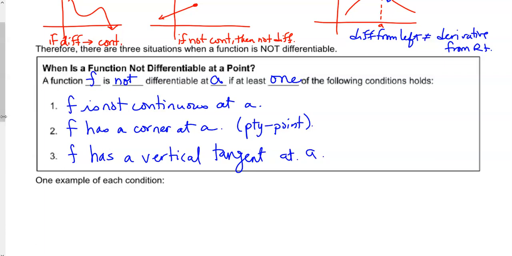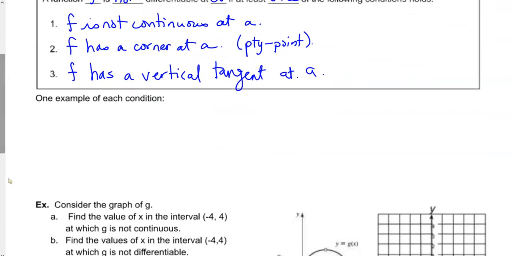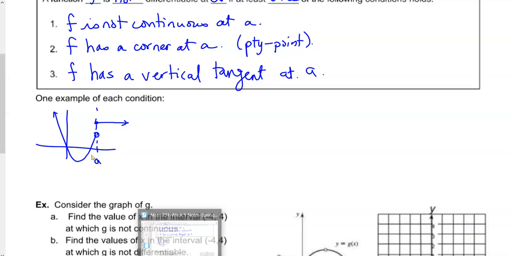So let's look at an example of each one of those conditions. We saw one earlier about not continuous, but let's throw in another one. If I have maybe a parabola coming up here, and then I have a line, here would be my A value at which we would not be differentiable. Everywhere else would be differentiable, but at A, it would not be.